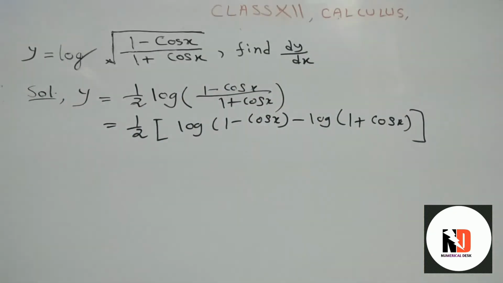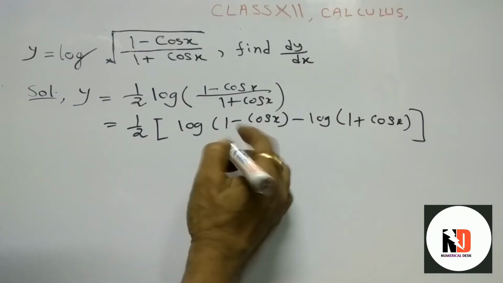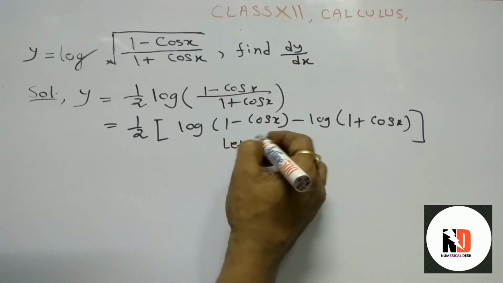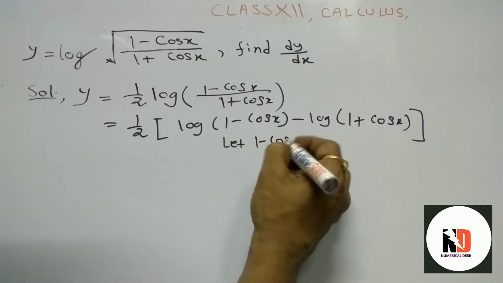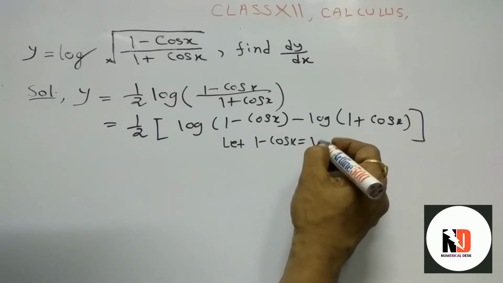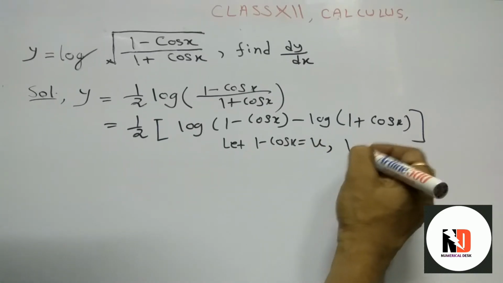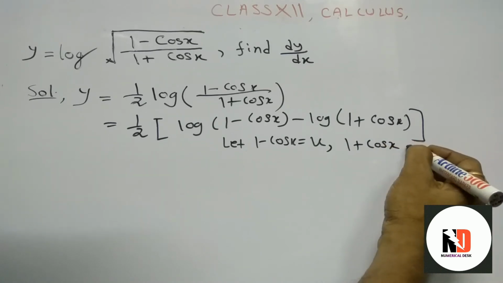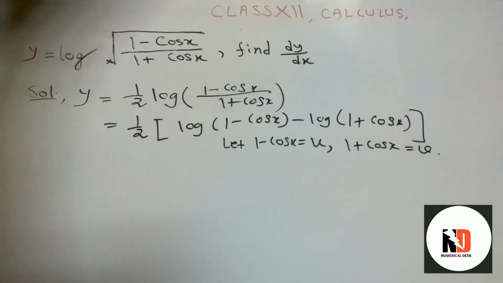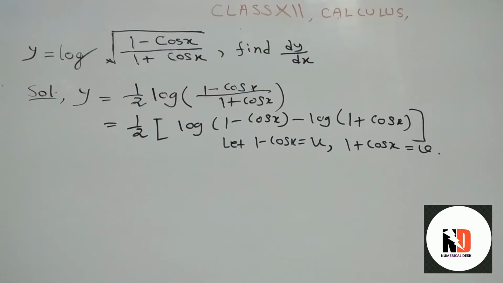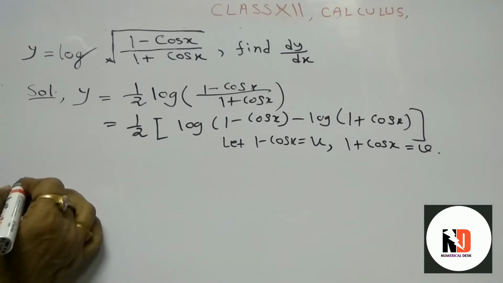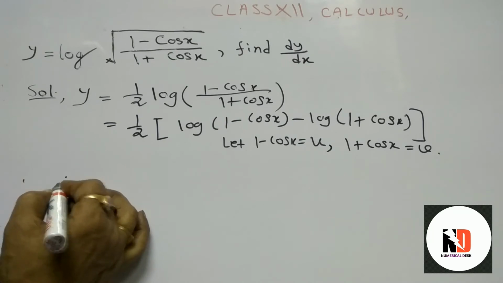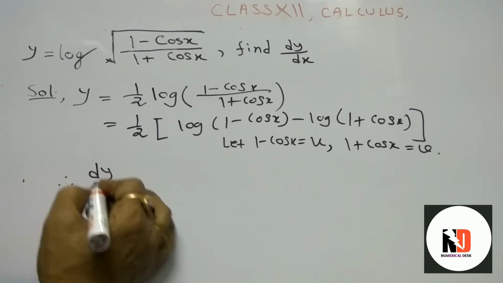Now see the log of 1 minus cos x. Inside the log, 1 minus cos x is not the standard form. Again we use the chain rule, and to do so we must substitute something for 1 minus cos x. Let 1 minus cos x equal u and 1 plus cos x equal v. So it will convert into the standard form.